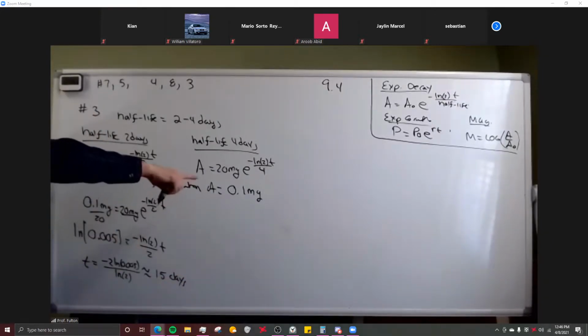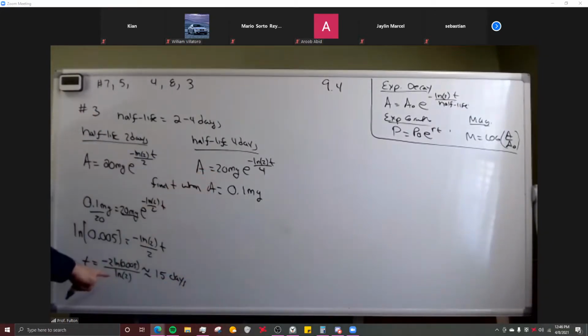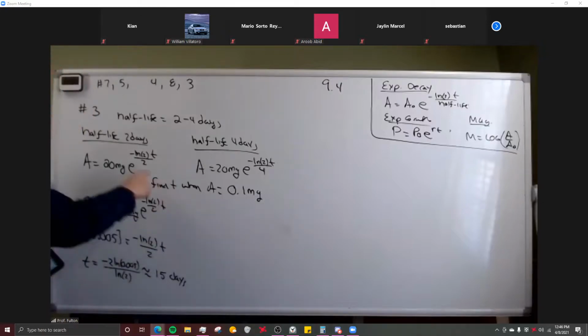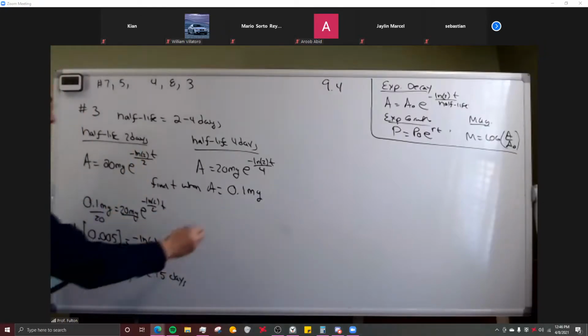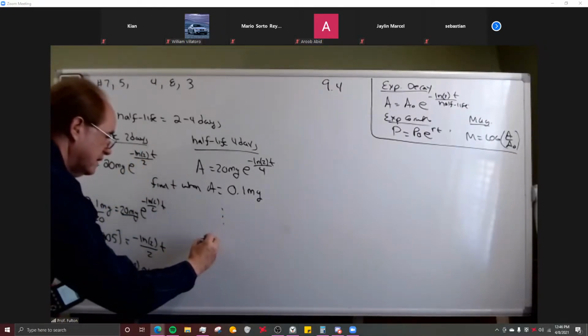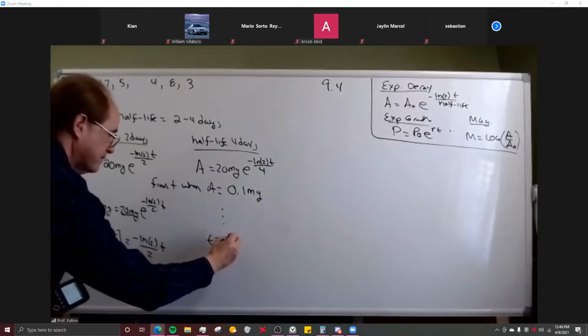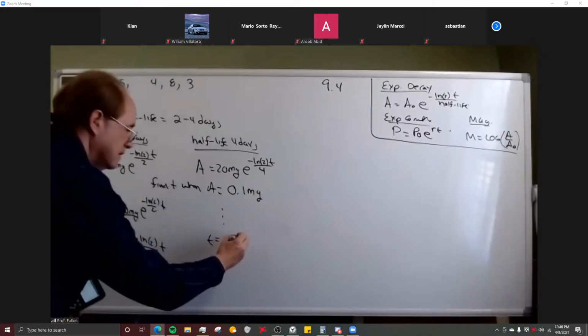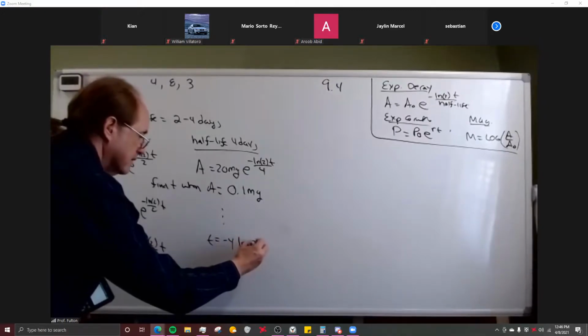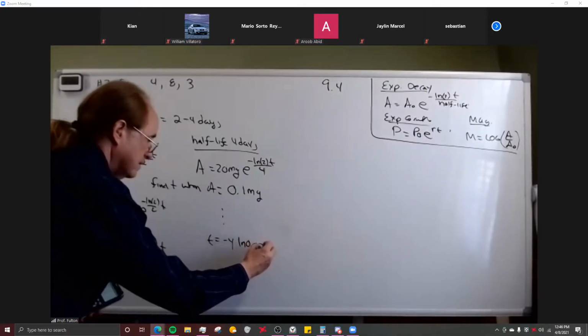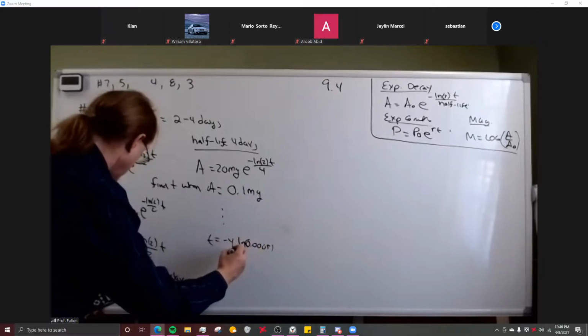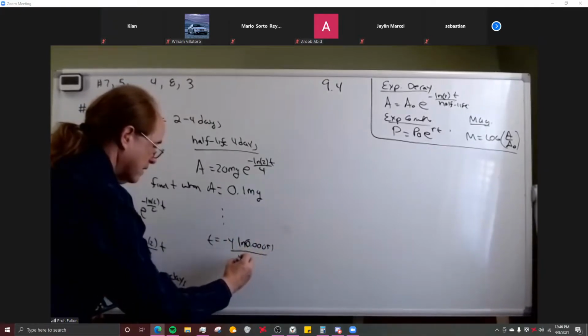Now, if I use this instead, the only difference here is this 2 would turn into a 4. You kind of see that? Everything else would be the same. All the analysis is the same. And in the end, I'd have t equal to minus 4, because everything else is consistent, natural log of 0.005 over the natural log of 2.